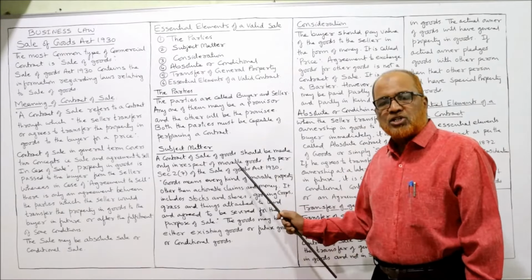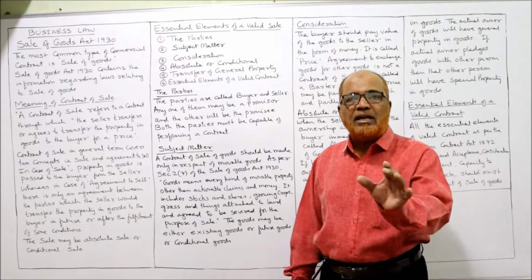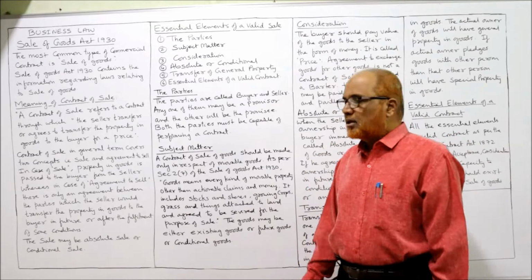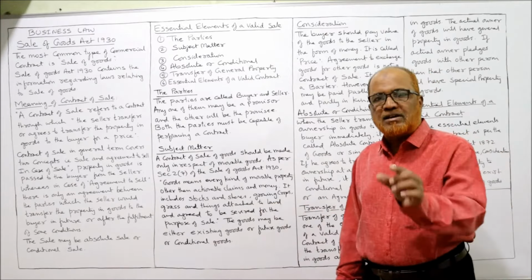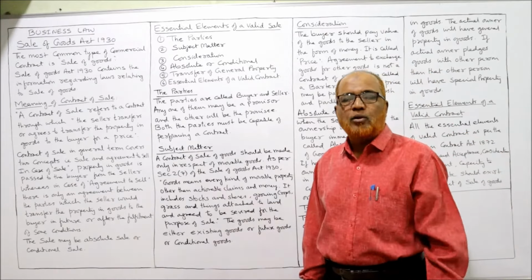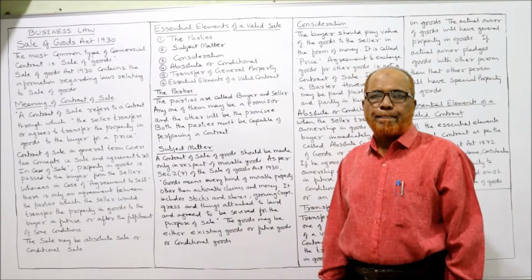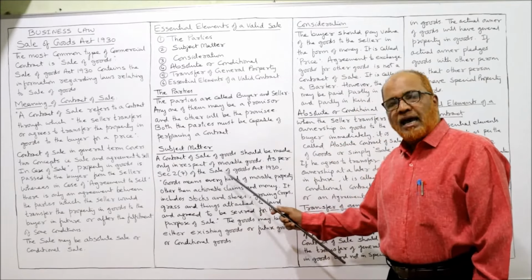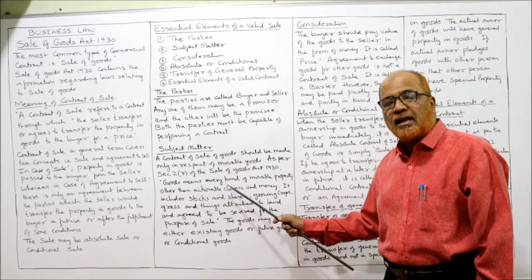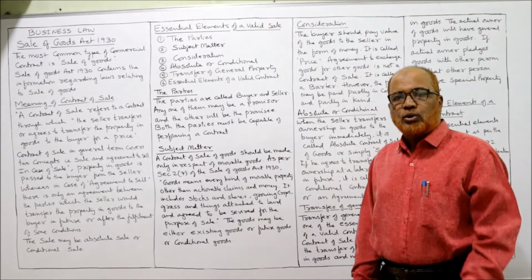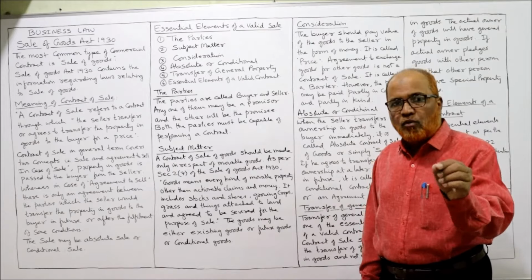So section 2, subsection 7 has defined the meaning of the term goods. Goods means every kind of movable property. This definition you have to remember; you cannot change the wording of the definition. Goods means every kind of movable property other than actionable claims and money.